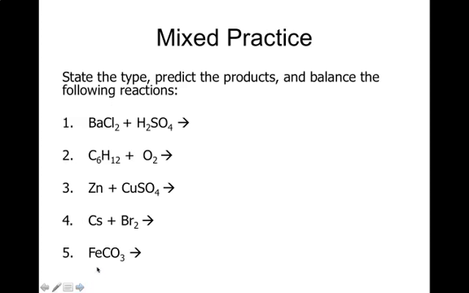Okay, here's mixed practice. Let's state the type, predict the products, and balance the following equations. Barium, we have a compound and a compound. When we have a compound and a compound, we know that we're going to have a double displacement reaction. So here we're going to have barium sulfate and HCl.